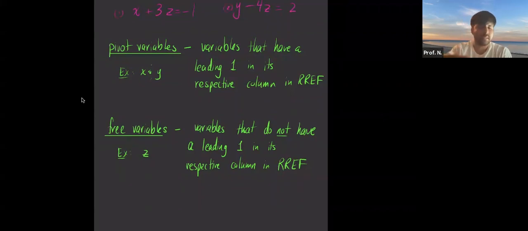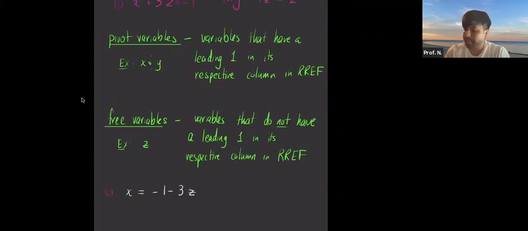Solve for X in the first equation: X equals -1 minus 3Z. And in the second equation, Y equals 2 plus 4Z.